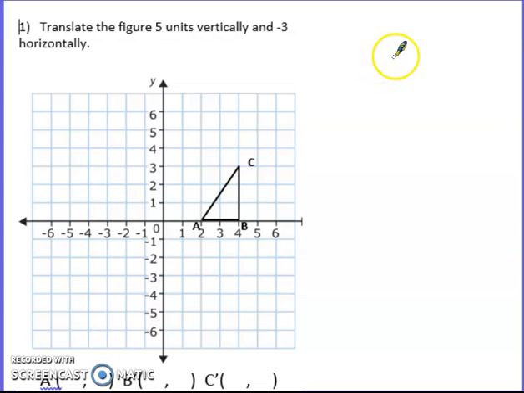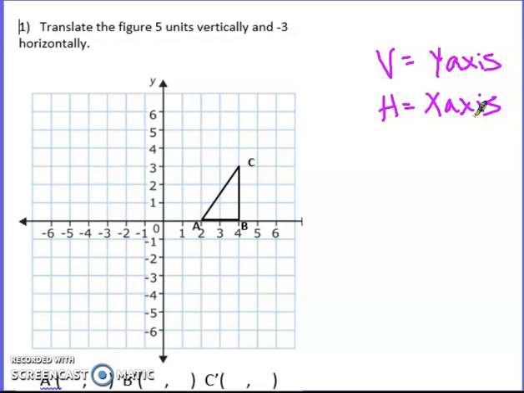Keep in mind, vertically is your y-axis, and horizontally is your x-axis. So in this case, if I say 5 units vertically, I'm going 5 units up. -3 horizontally means I'm going 3 to the left because we're moving in the negative direction on the x-axis.